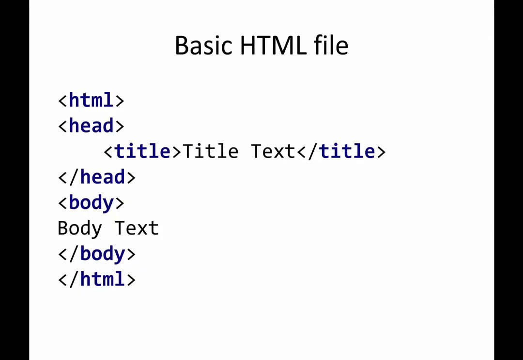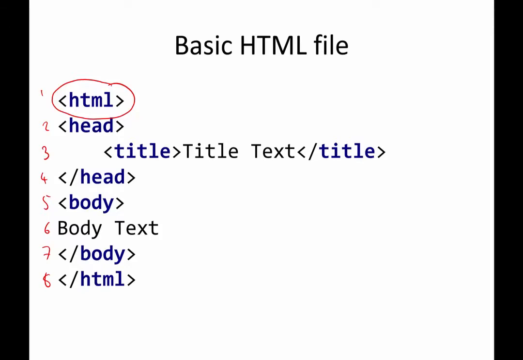And here's a very basic HTML file. So here is a start tag, or an opening tag. Where's the fitting end tag? Should I label the lines? 1, 2, 3, 4, 5, 6, 7, 8. Which line has the closing tag for the start tag in line 1?